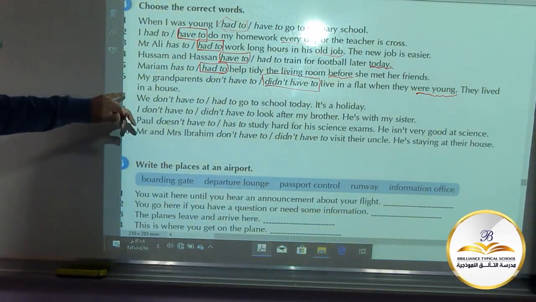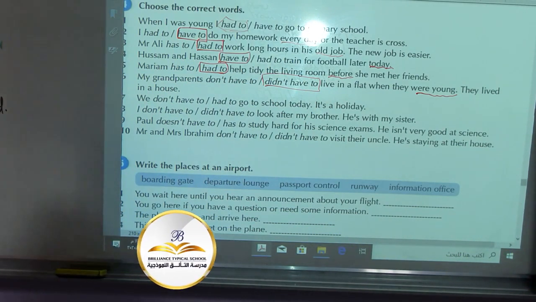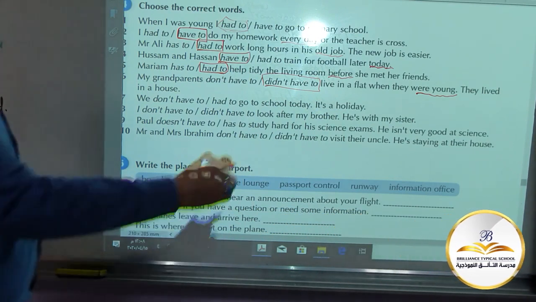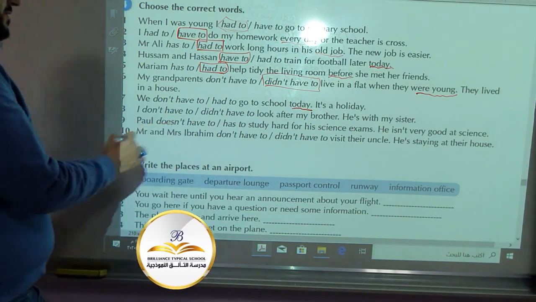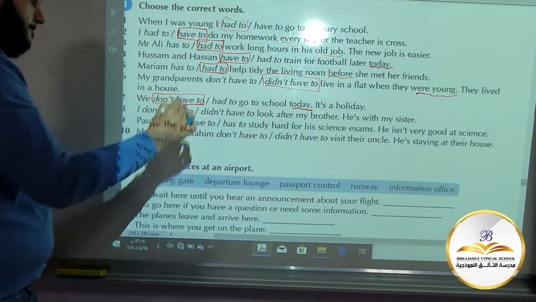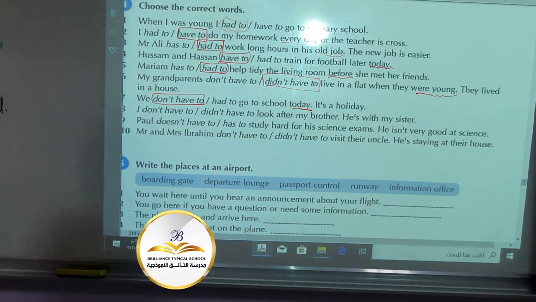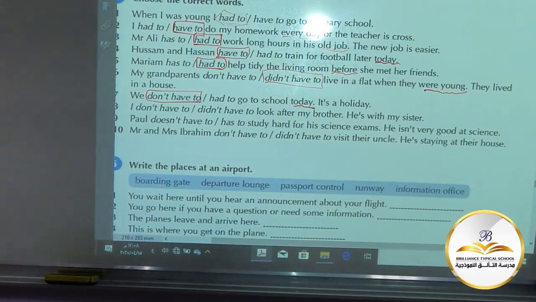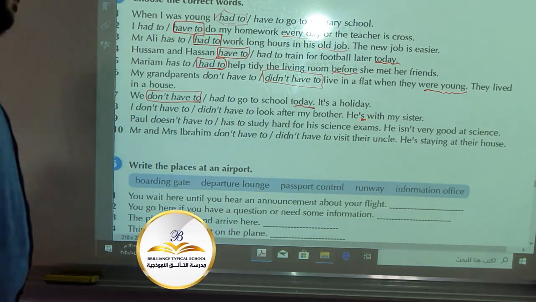Okay, we don't have to go to school today. It's a holiday. So also here we have today. It refers to the present. So we don't have to. 8. I don't have to look after my brother. He's with my sister. Look here. He is present.